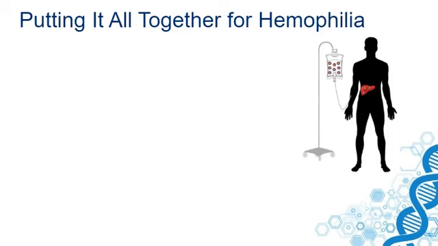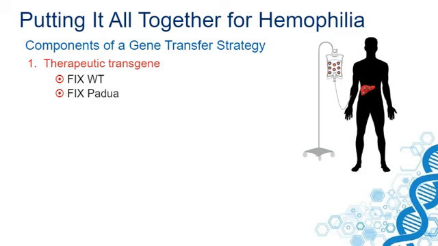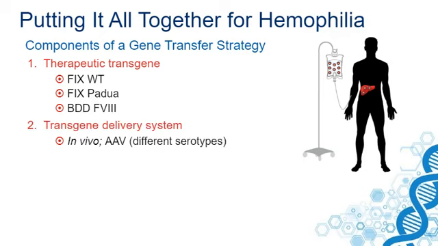So when you put all this together for hemophilia, the components of a gene transfer strategy involve a therapeutic transgene, which is either a wild type or a modified factor IX cDNA sequence, or a B domain deleted factor VIII sequence. You need a delivery strategy, which currently is Adeno-Associated Virus, although there are studies, as I've mentioned, involving lentiviral vectors, which are still in earlier development.